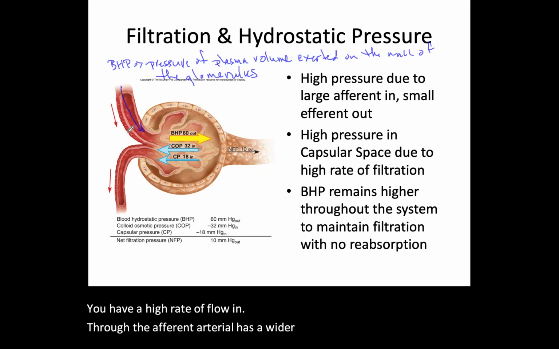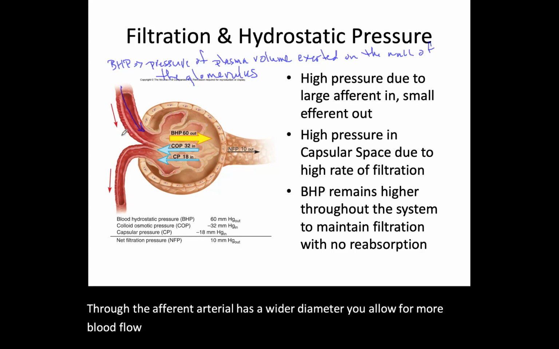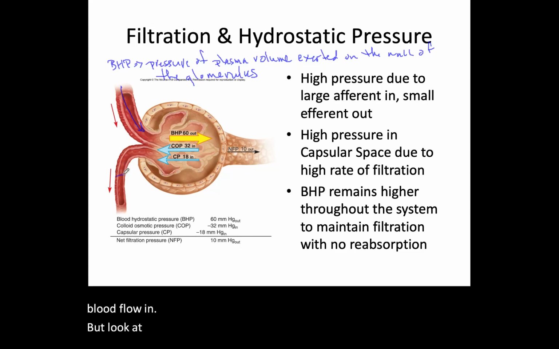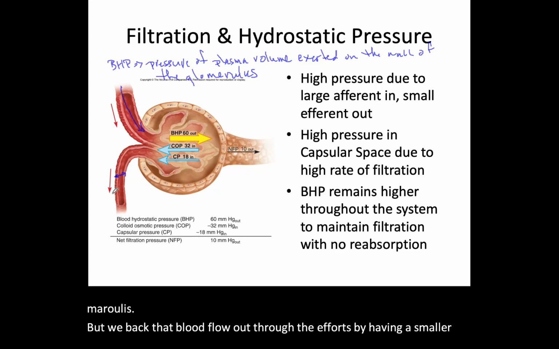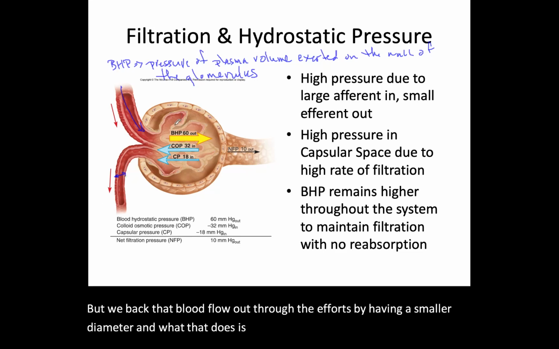You allow for more blood flow in. But look at the diameter of the efferent arteriole. It's constricted. So in other words, we allow for a higher rate of flow into the glomerulus but we back that blood flow out through the efferent by having a smaller diameter. And what that does is that maintains high pressure throughout the glomerulus.